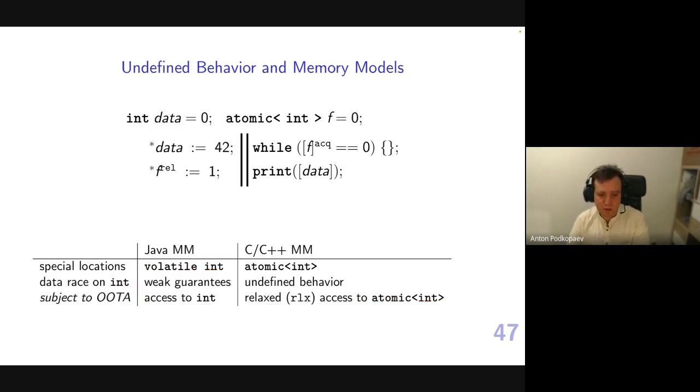So what does it mean? It means that the subject to out of thin air in the Java memory model is all accesses, whereas the subject for out of thin air in C++ is just some relaxed accesses which are explicitly marked by the type as ones used for synchronization.